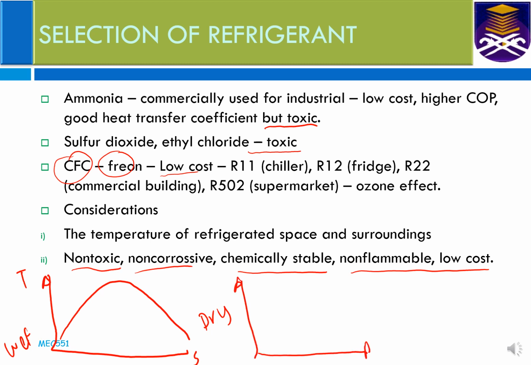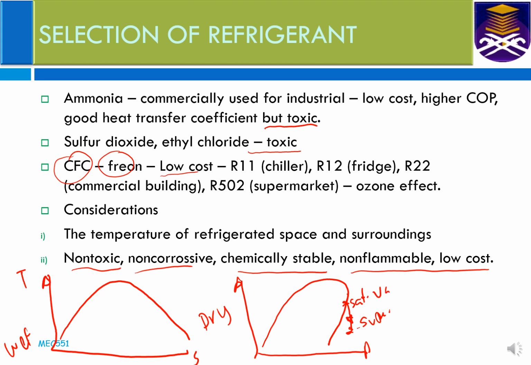For the dry refrigerant, the temperature entropy diagram is like this. So if you have the expansion in this condition, it will go from the saturated vapor and then expand to the superheated region.